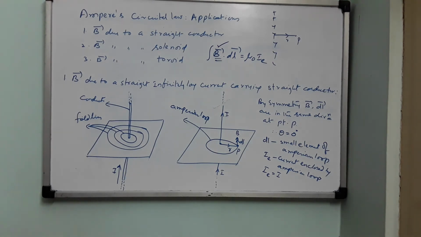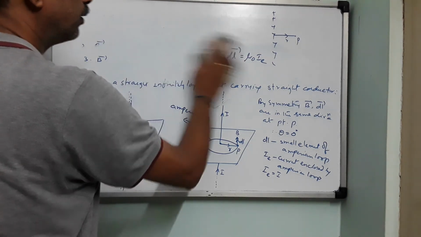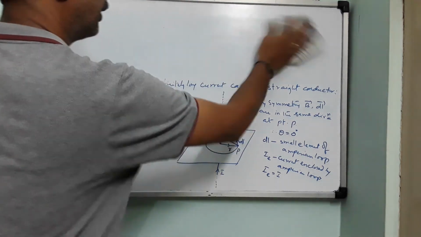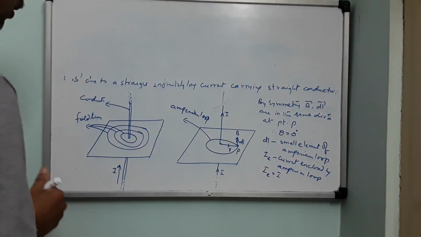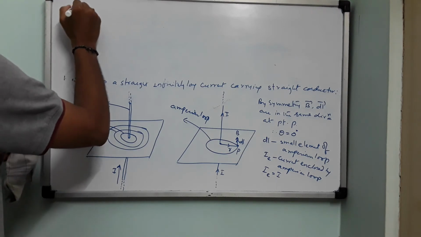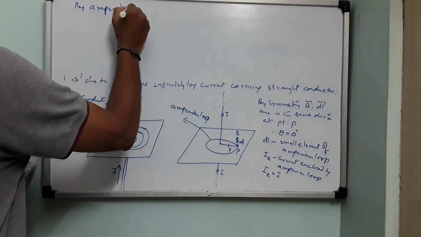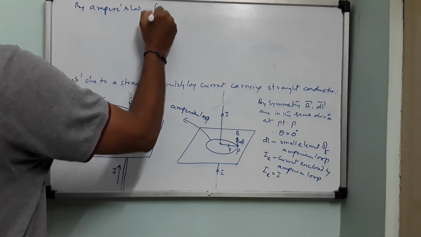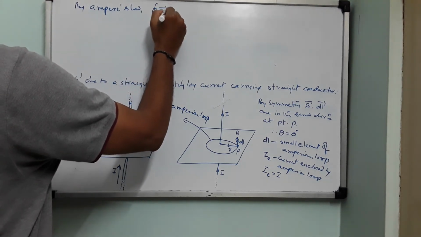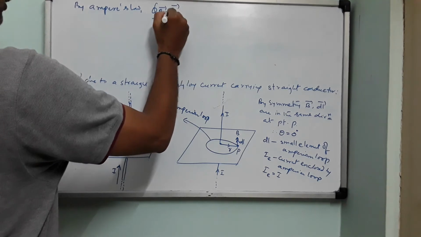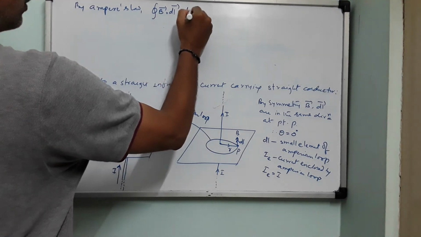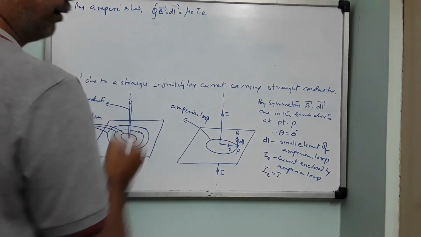Now I will apply the law. What is the law? By Ampere's law, the line integral of B dot dl, the dot to be seen very clearly, equals mu naught into I_E.